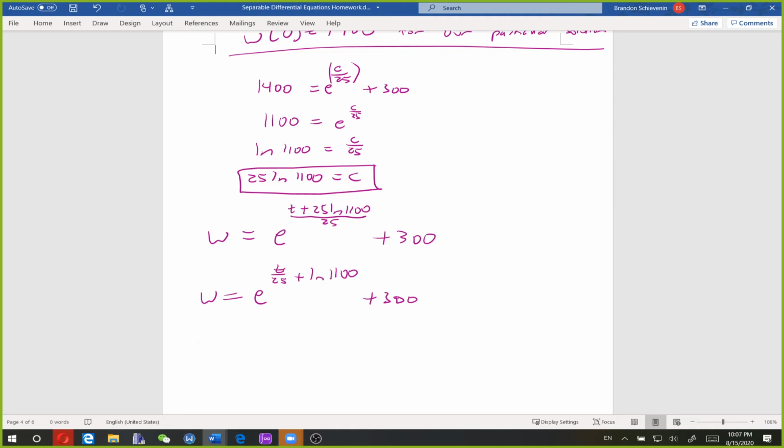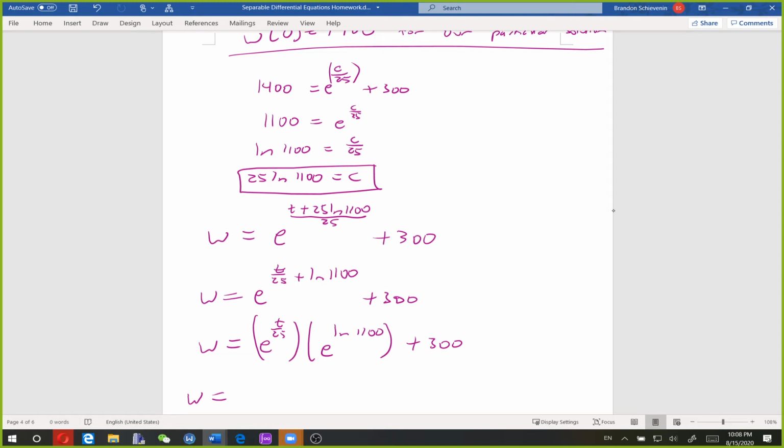So w is equal to e to the t over 25 times e to the natural log 1100 plus 300. Properties of logarithms. I've got e raised to a log of the same base, e raised to the log base e of 1100. What should this term simplify to? Anyone?